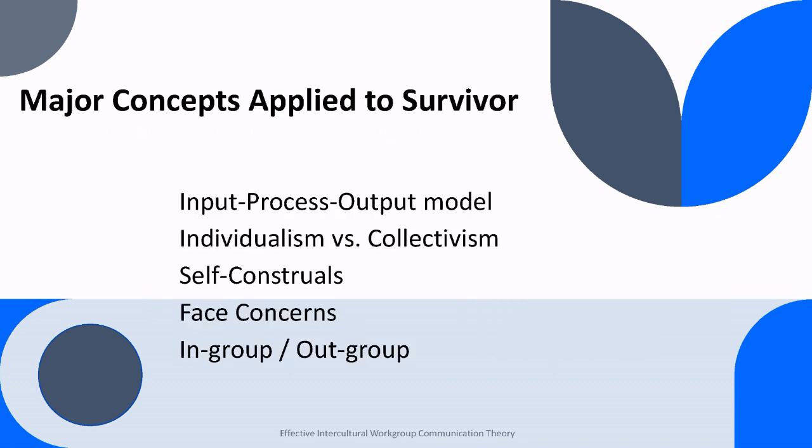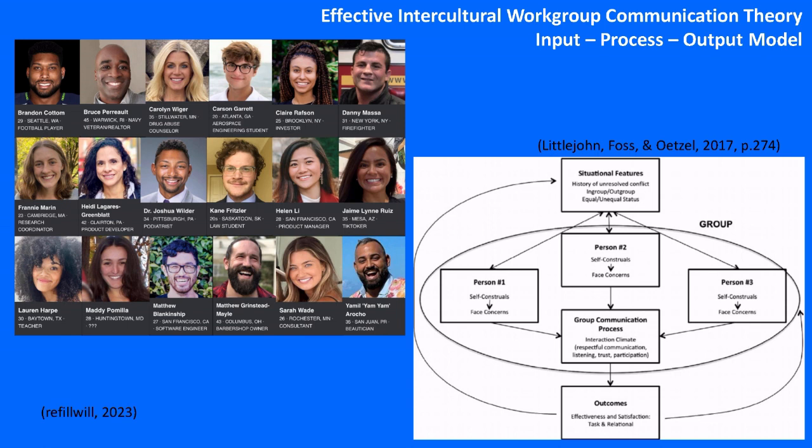We're again going to go through these 5 major concepts: the model, individualism and collectivism, self-construal, space concerns, and in-group, out-group, as they apply to the TV show. All right, so here's just a visual of those 18 survivors, a little bit about each of them and how it works with this group dynamic.